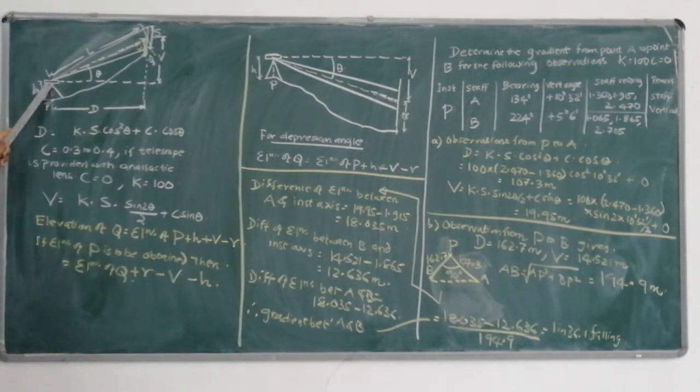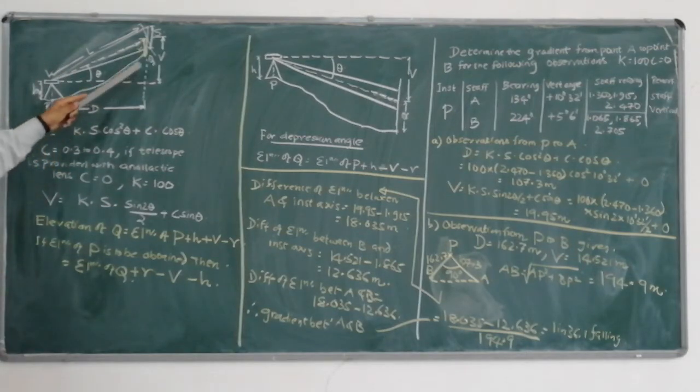Now we have taken the reading from P to Q, and the difference between the top and bottom reading is S, that is the staff intercept.